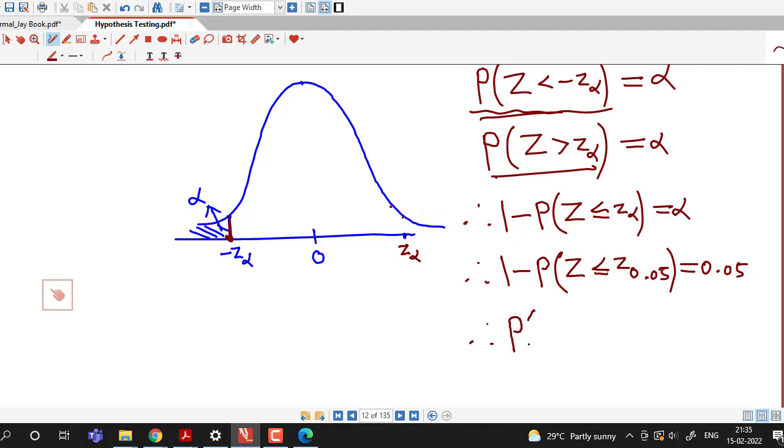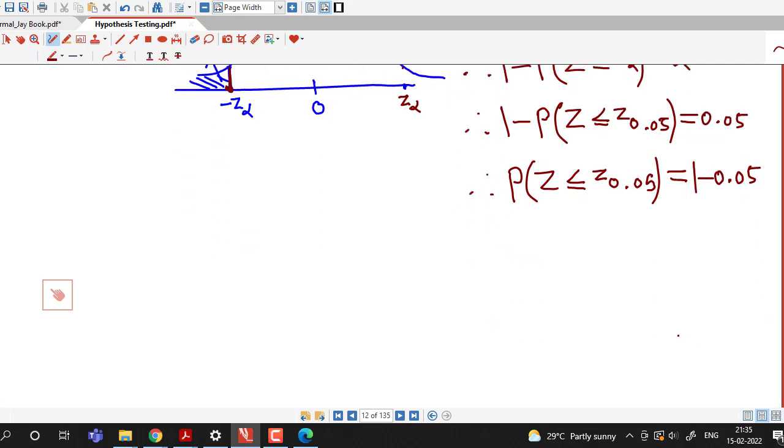Therefore the probability that z is less than or equal to z suffix 0.05 will be equal to 1 minus 0.05, and therefore this cumulative probability is equal to 0.950.